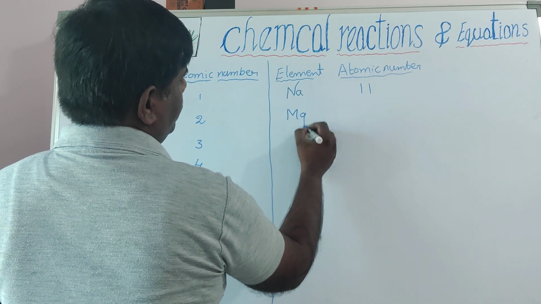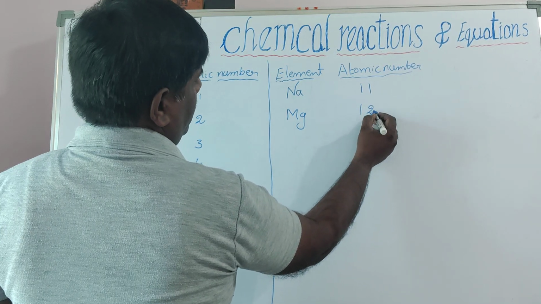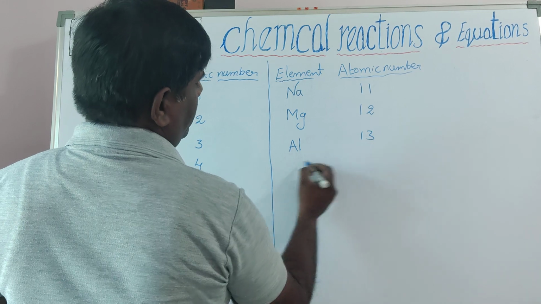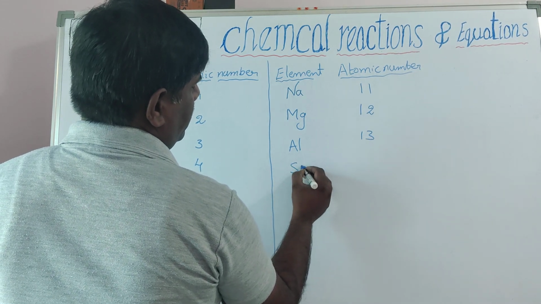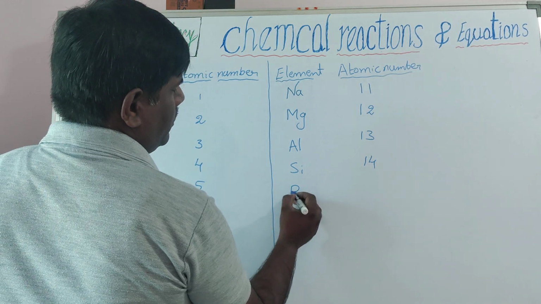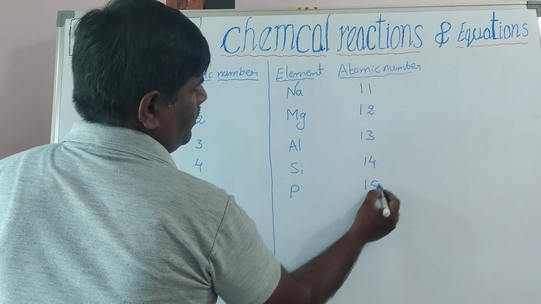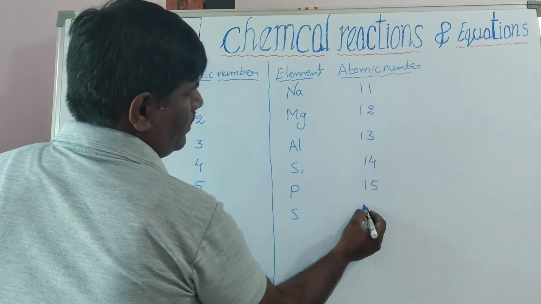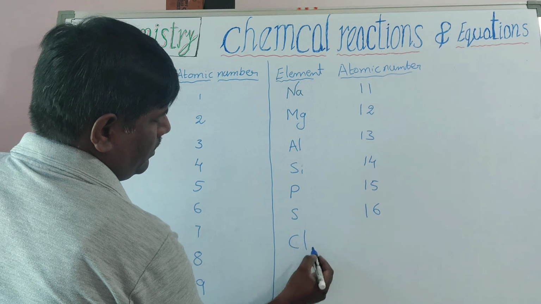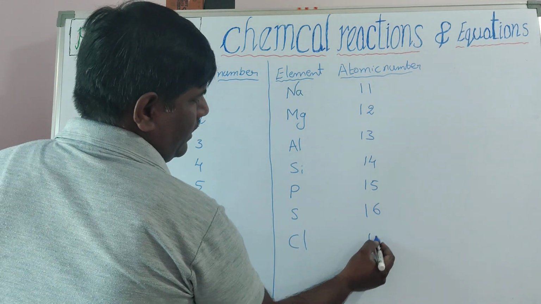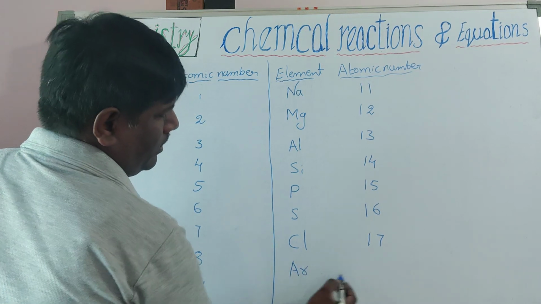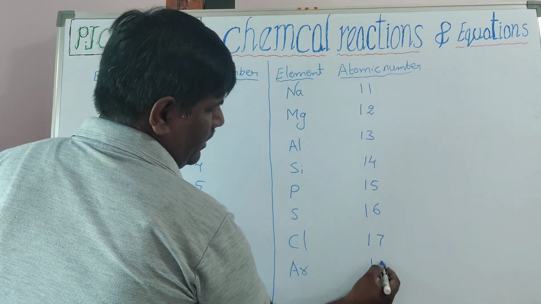Magnesium 12. Aluminium 13. Silicon 14. Phosphorus 15. Sulfur 16. Chlorine 17. Argon 18.